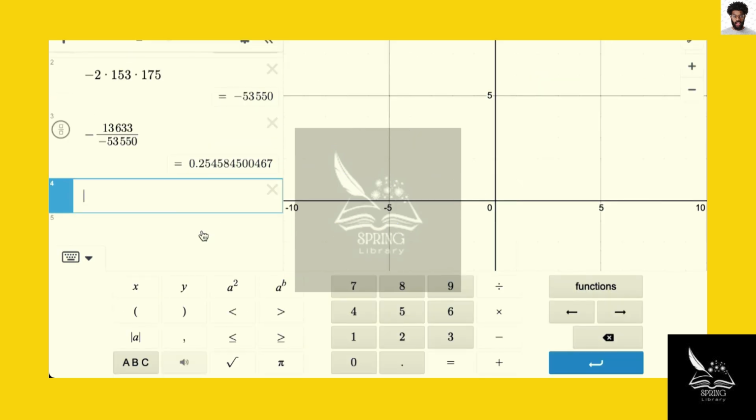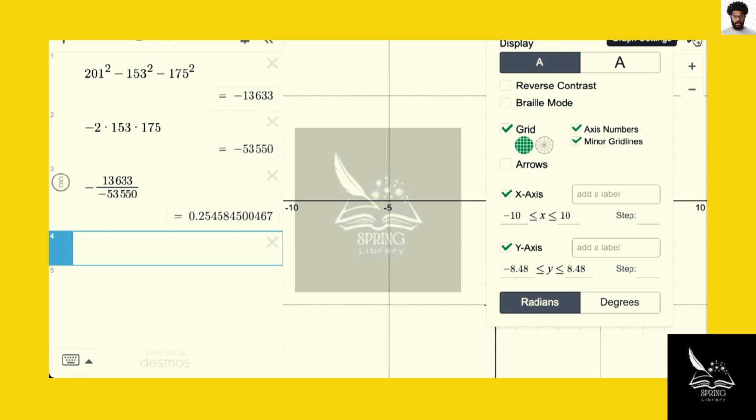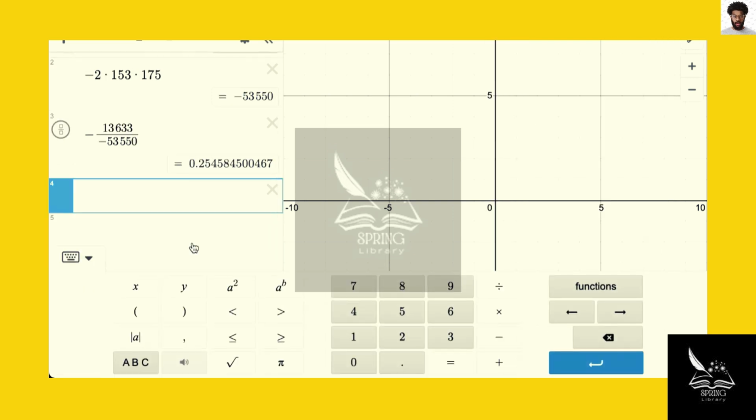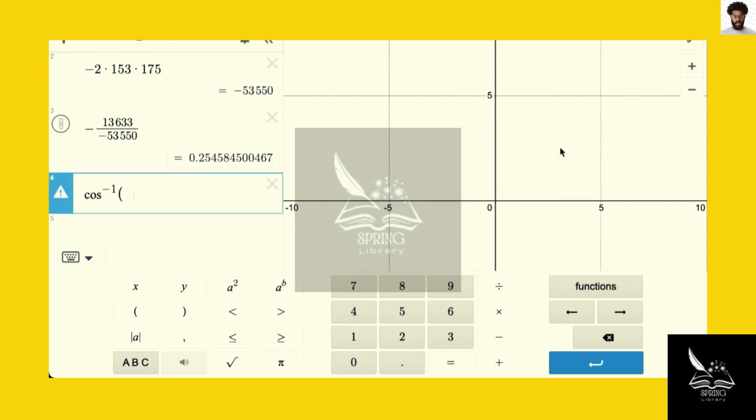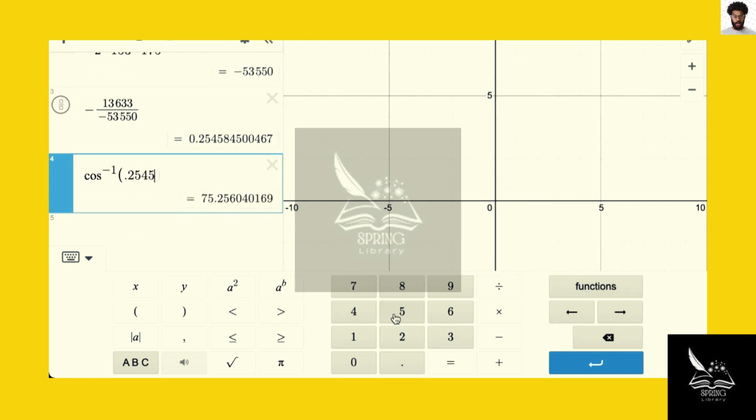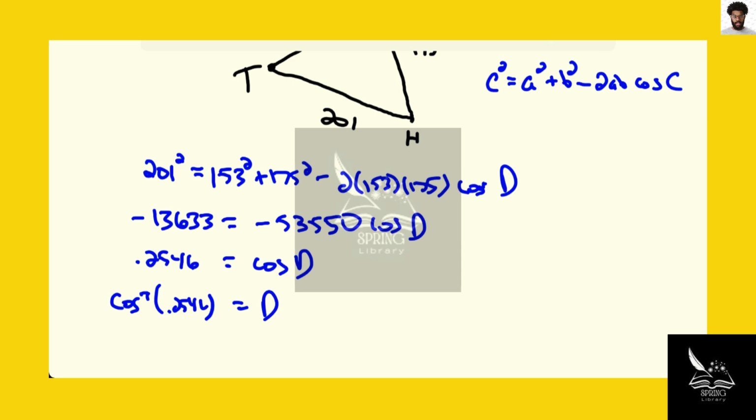So in degrees, so make sure your calculator is in degree mode, the inverse cosine of 0.2545, I'll leave it here. I'll go to the nearest degree. So we'll say 75 degrees.